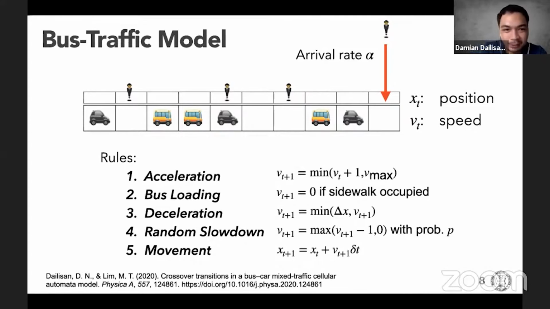So we have a sidewalk at the top of the system. And then at the sidewalk, commuters can spawn with an arrival rate of alpha. And then all of the rules are pretty much the same, except we just added a rule for buses to interact with these commuters. So when a bus stops beside a commuter, the commuter can board the bus, but the bus has to stop.